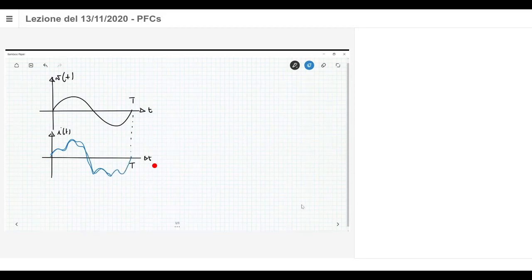Suppose that this is a periodic function. My drawing is something like this. It is not a sinusoidal waveform, but it is periodic with the same period T.